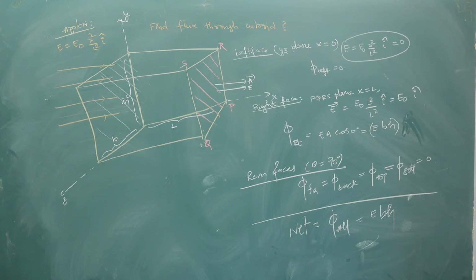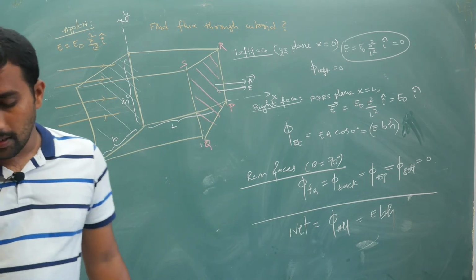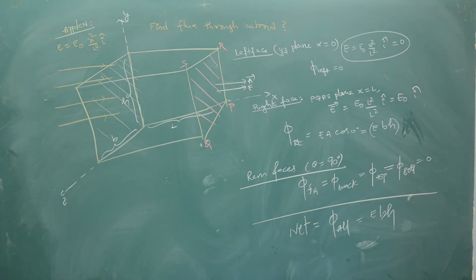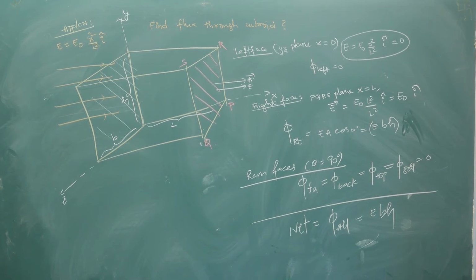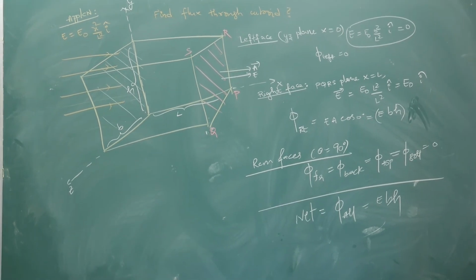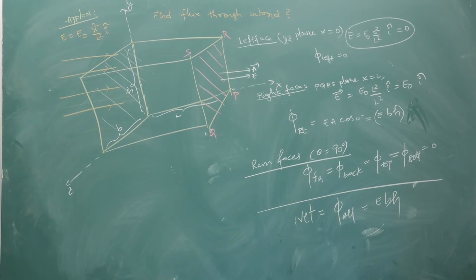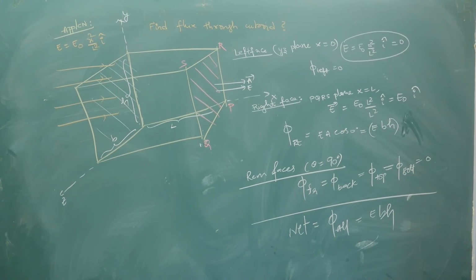This is how you will be calculating flux when field is given. When field is given, for open surfaces I have told you to take the normal area or projected area, and for these kinds of closed surfaces stand inside the box and then do the calculation. So with this part we have finished calculation of flux when field is given.